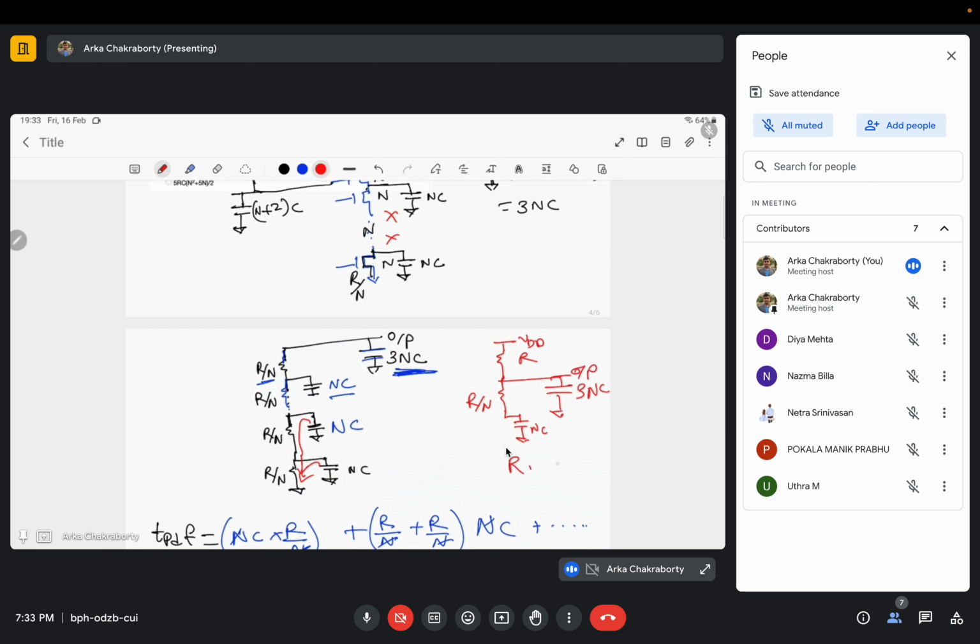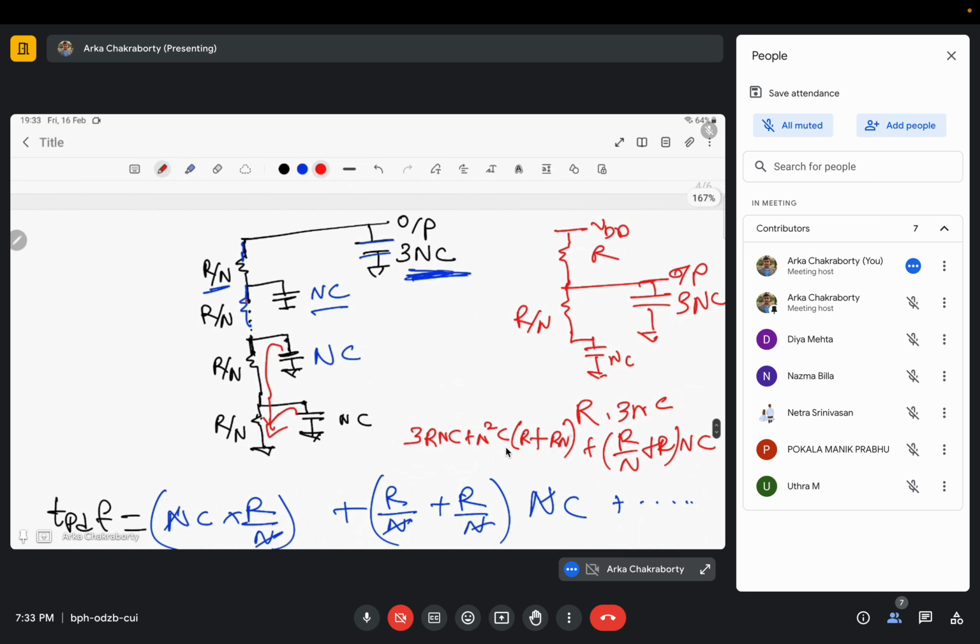It would be R into 3NC plus R by N plus R into NC, something like this you will get. It should be equal to 3RNC plus R plus Rn, N square C, something like this you will get.